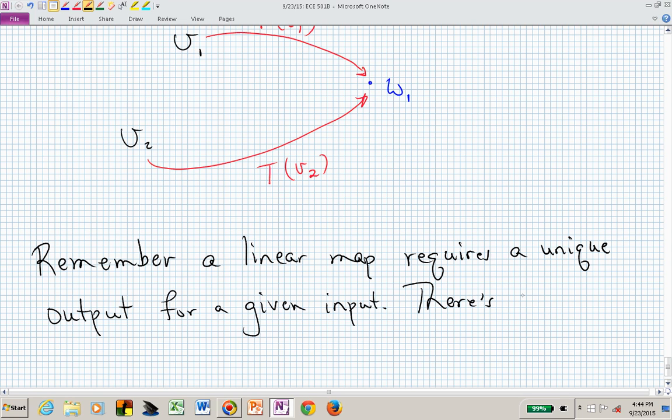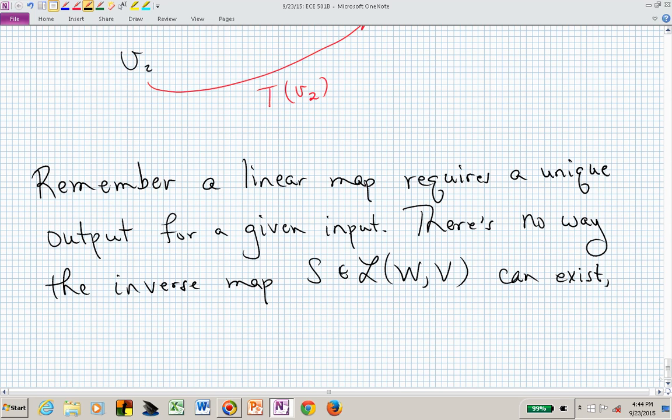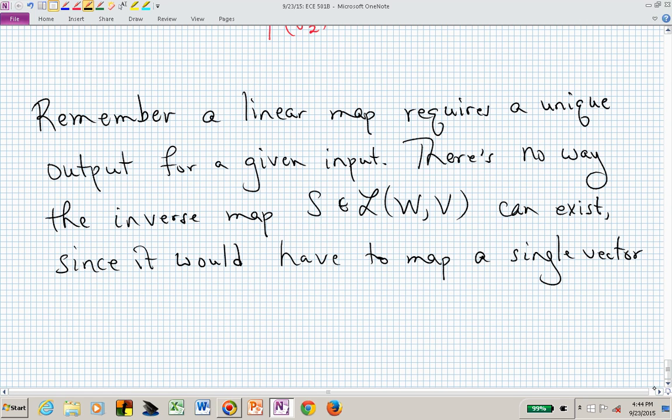In the above picture, there's no way the inverse map S, which would try to map from W to V, can exist, since it would have to map a single vector in our original codomain W to multiple vectors in V. And there you could say, okay, S can't be a linear map then, because of the first sentence.